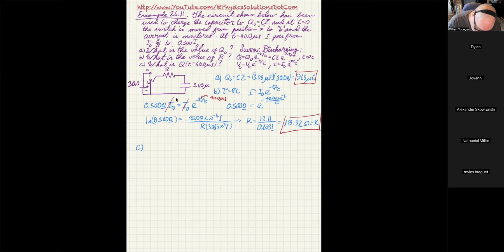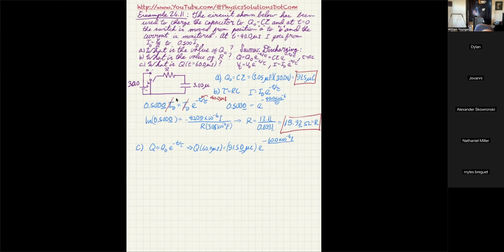And part C asks, what is Q at t equals 60.0 microseconds? So Q is equal to Q0 e to the negative t over tau. That means Q at 60.0 microseconds is equal to Q0, which we already found was 91.50 microcoulombs, times e to the negative t, and t is 60.0 times 10 to the negative 6 seconds, divided by the time constant.